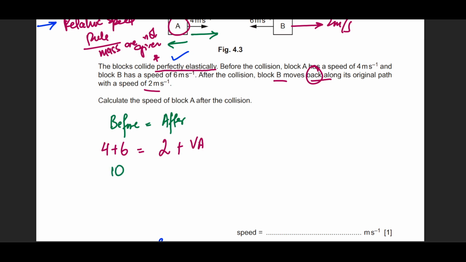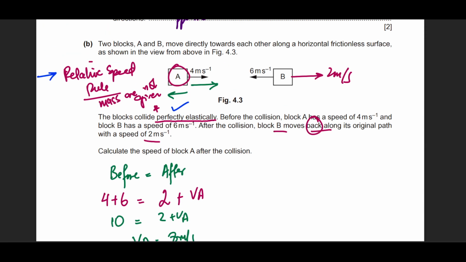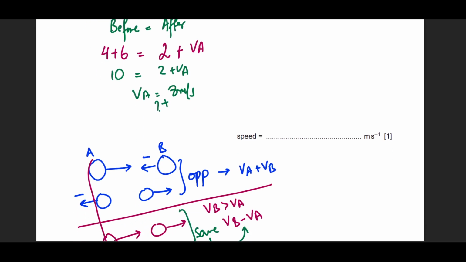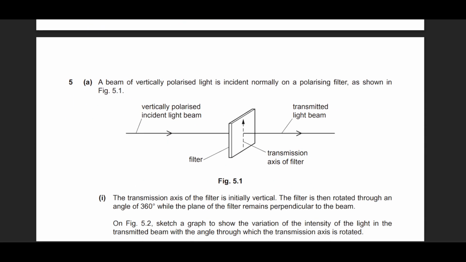So this becomes 10 equals 2 plus VA. VA comes out as 8 meters per second. Is this positive? Yes, it's positive, which means that this was moving towards the right side at 8 meters per second, and this was moving towards the right side with 2 meters per second. This is the scenario after it collides. Okay. All right. So according to the relative speed rule, this answer is going to be 8.0. Simple as that.